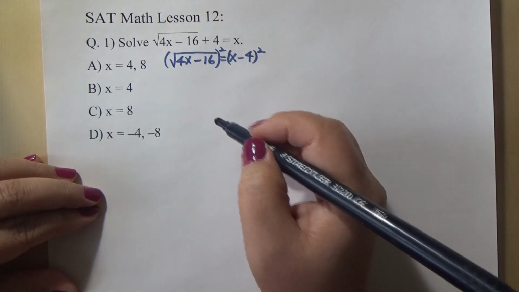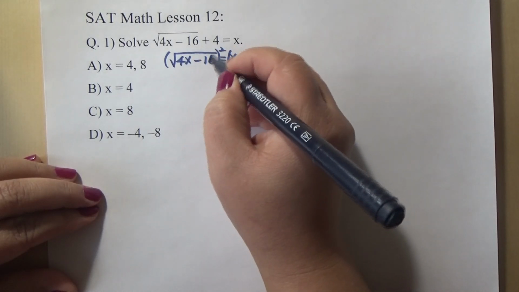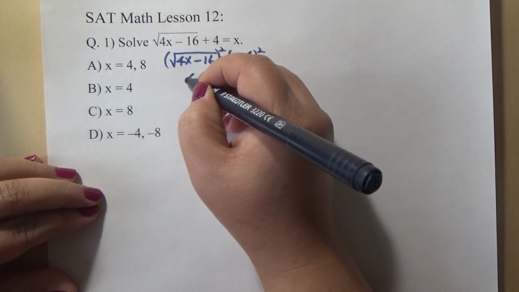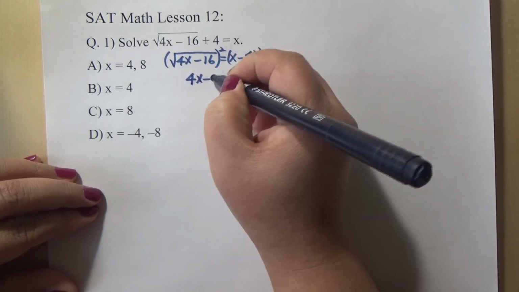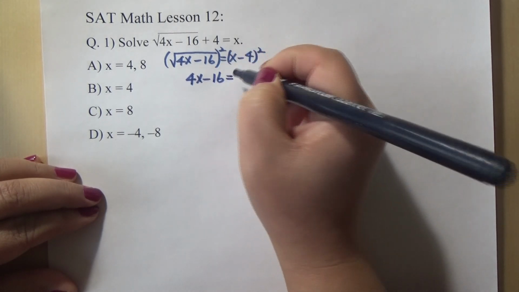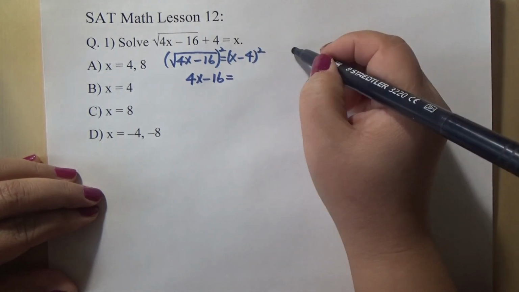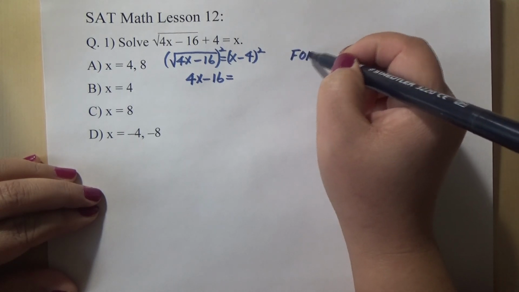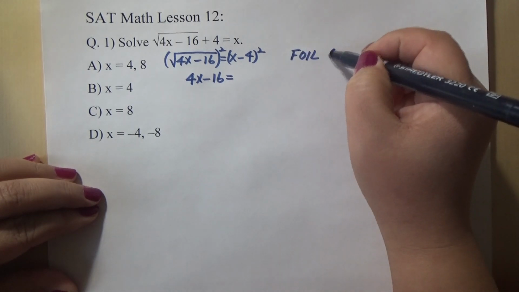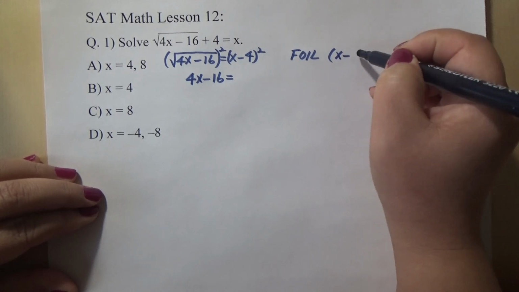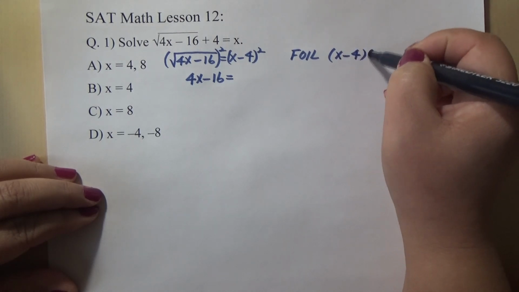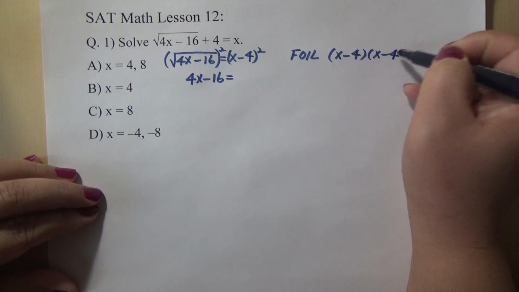Okay? So square root of 4x minus 16 squared is going to be 4x minus 16 is equal to x minus 4 squared. We have to use FOIL method, and x minus 4 squared is x minus 4 times x minus 4.